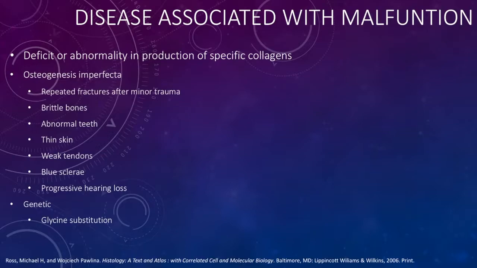And as I've mentioned before, glycine is just an important factor in collagen architecture. Generally, we can see that in a patient, they can have repeated fractures after a minor trauma, brittle bones, abnormal teeth, thin skin, weak tendons, blue sclera, and progressive hearing loss.